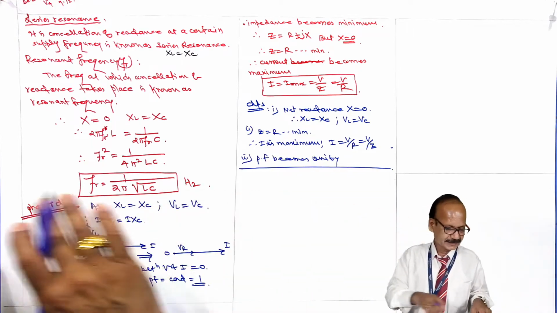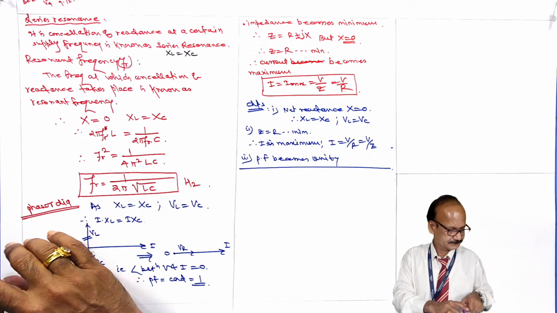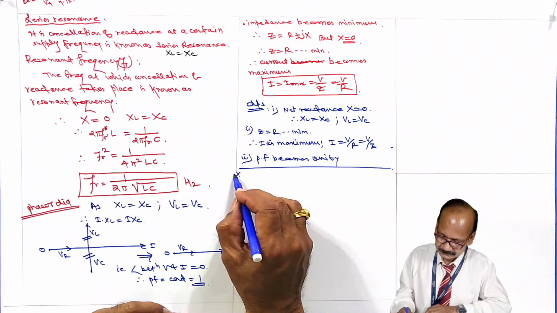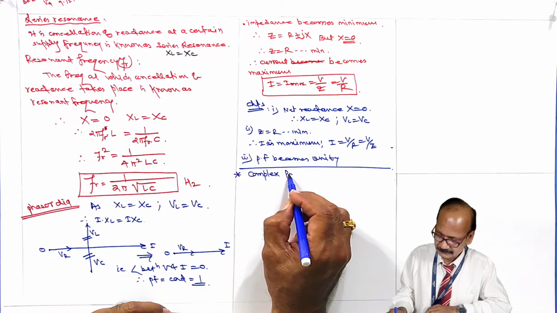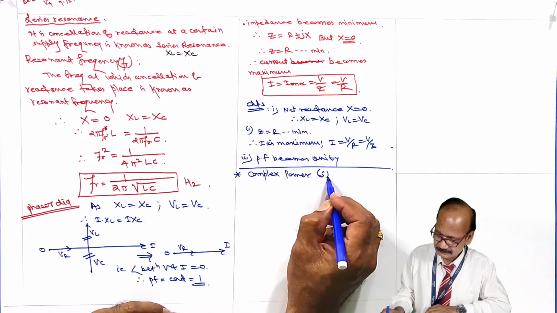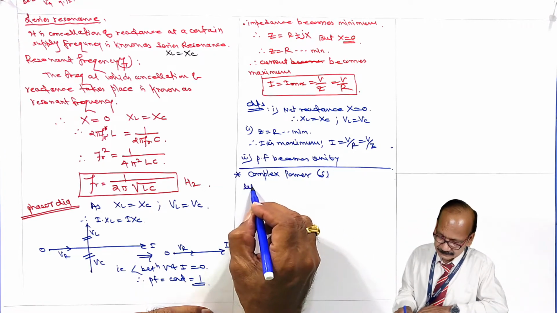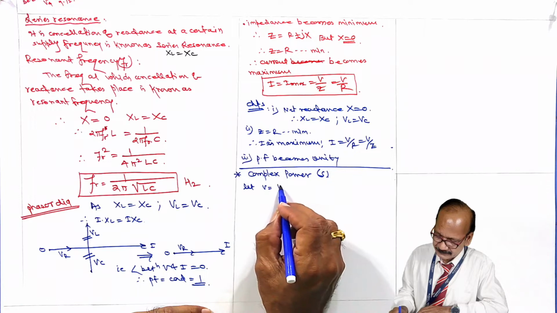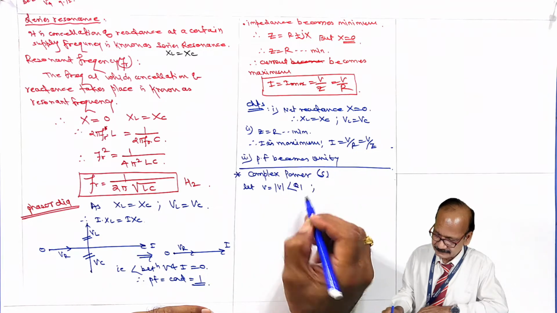So now let us start the complex power. What is complex power? Let V equal to V mod angle theta 1.